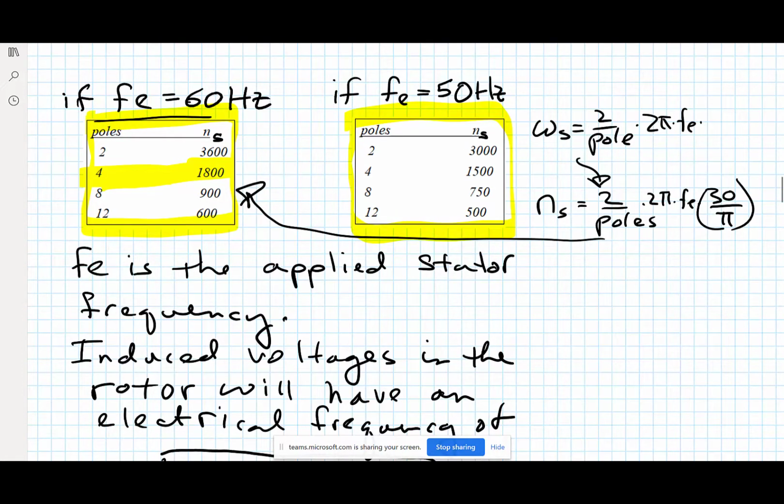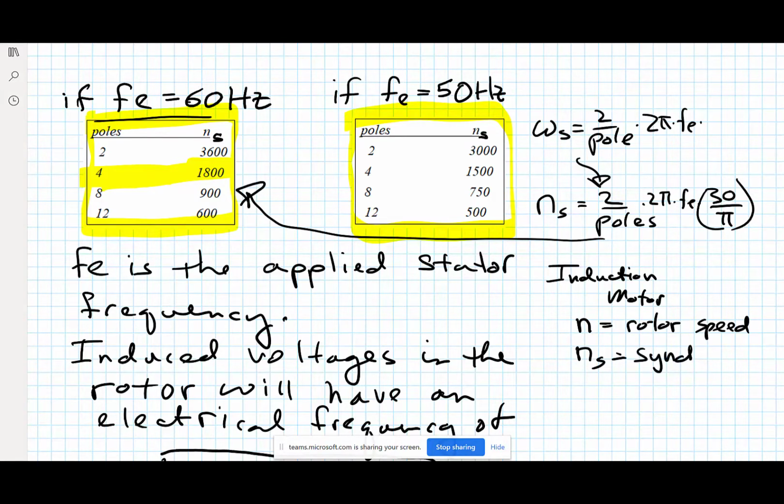Typically, when we're talking about induction motor problems, the N is the rotor speed, just like it was when I first introduced that term for the synchronous machine. And then N sub S was the synchronous speed. When we had the synchronous motor, the N equaled NS, but it does not equal that anymore.